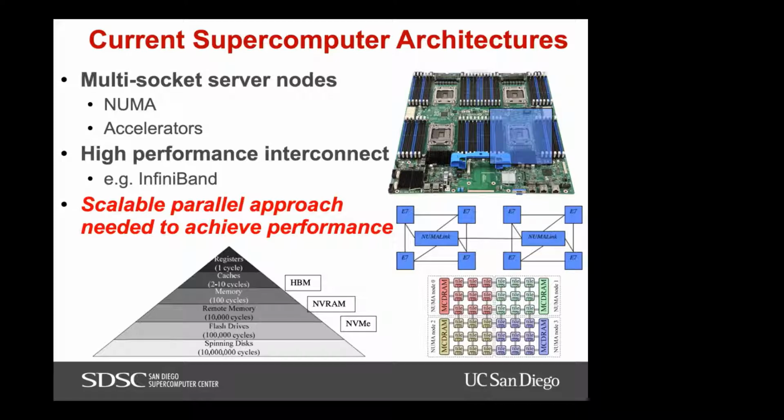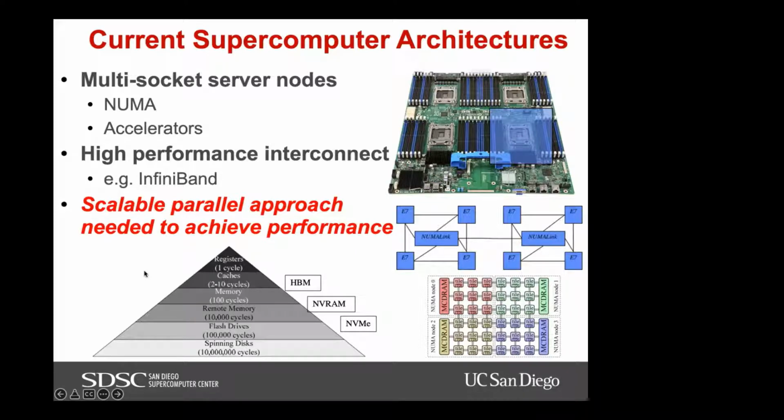Usually it's InfiniBand these days, but there are other options. And the other thing to keep in mind is a lot of the memory access is non-uniform. That is, you'll have a different memory access pattern, levels of memory access, even on a single node or even on a single socket, right?